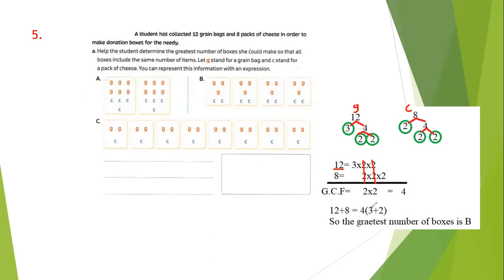Let's get how many G and how many C. Let's put 4 first, then brackets, and divide. 12 divided by 4 equals 3. 8 divided by 4 equals 2. So the correct case is number B. Why? I have 4 bags, each bag contains 3 G and 2 C.